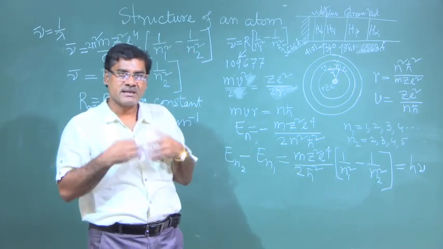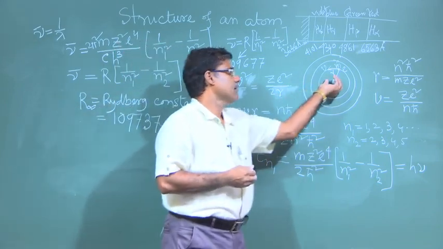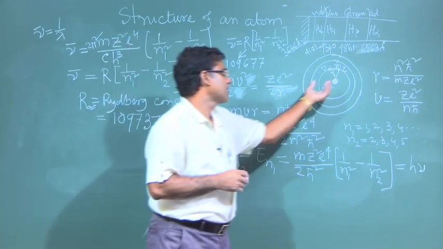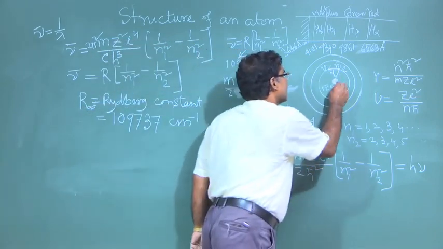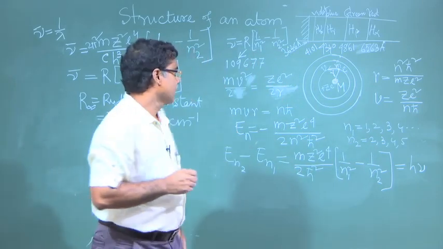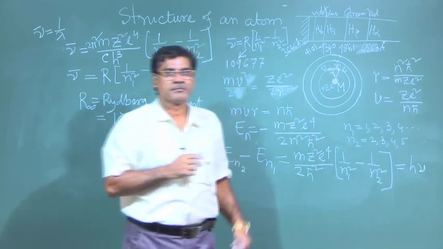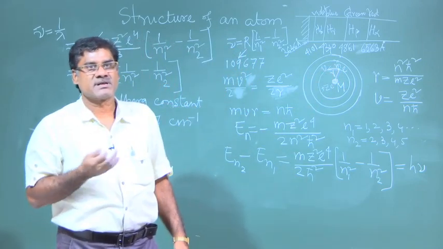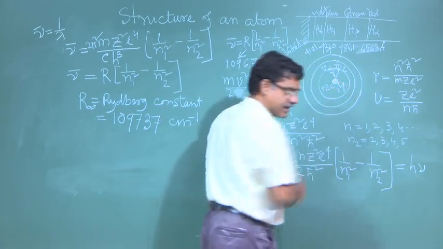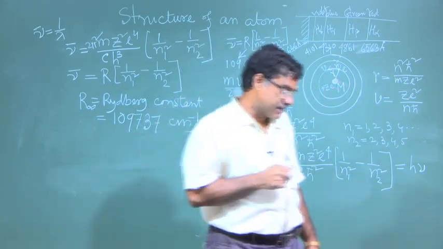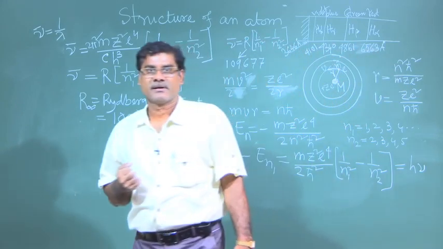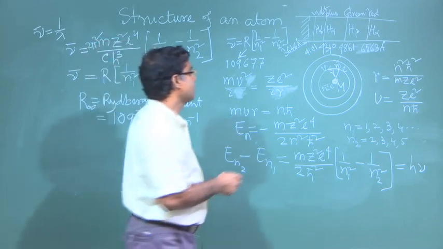This is only possible when the nucleus mass is infinity, but that is not the case. Its mass is finite, capital M. So, one has to consider the finite mass, and if the mass is finite, then it is not only the electron that is moving.